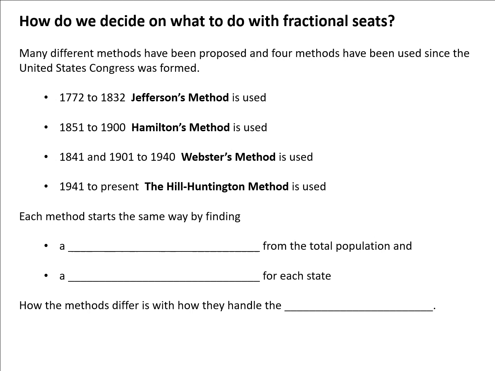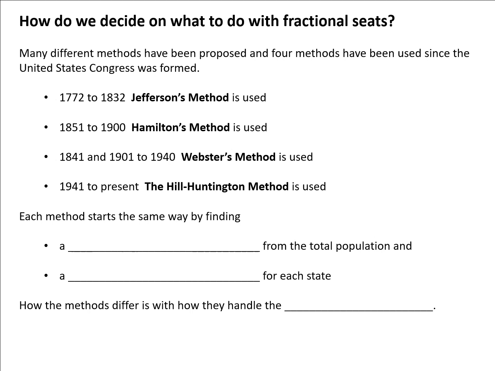Now, how do we decide on what to do with those fractional or decimal seat values? Well, the U.S. Constitution requires that the seats in the U.S. House of Representatives be apportioned among the states based on population, but it doesn't say how. So Congress gets to decide and vote on what method is used. And initially, when the Congress was being formed, you had two political rivals, Thomas Jefferson and Alexander Hamilton, who each proposed a method for dealing with the decimal.